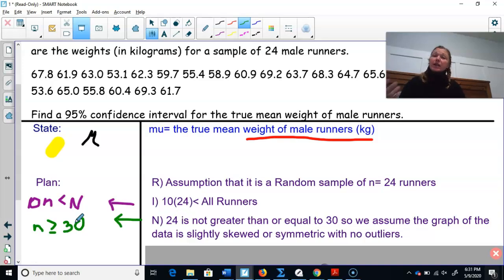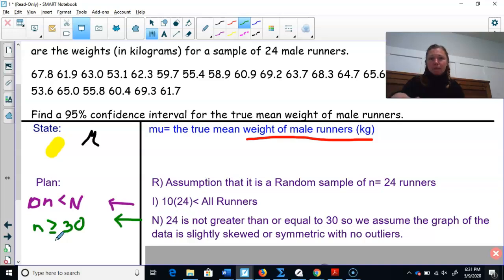And one thing you need to know, and this is when you go to college and you explore this more, you'll get into this, but the T distribution is very what we call robust. So it can work if our sample size is not greater than or equal to 30.